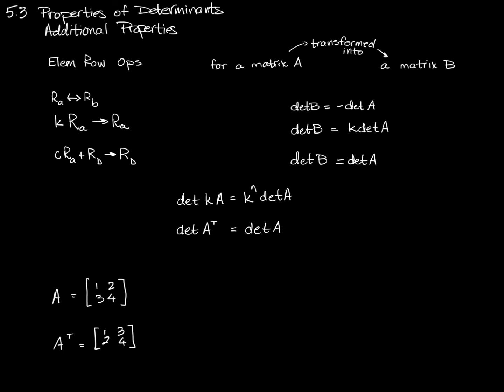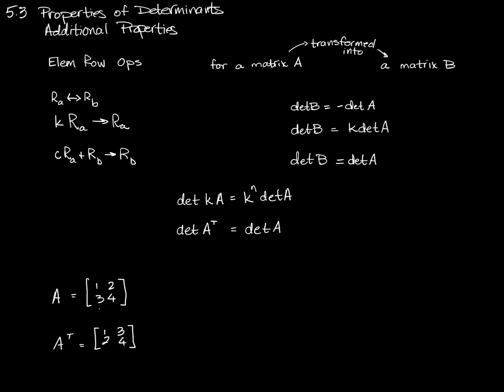But it turns out then that I can switch columns here and get the same result as if I had switched rows here. So if I reverse these 2 columns, then it's just like I reversed these 2 rows in matrix A. So I can also use column operations and get these properties.